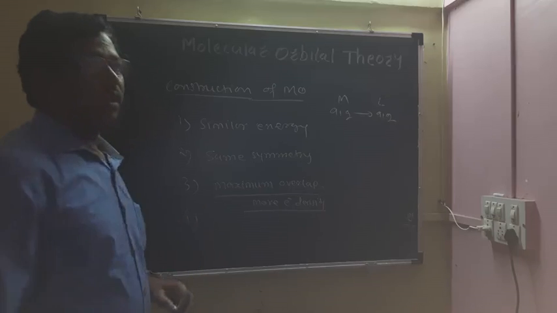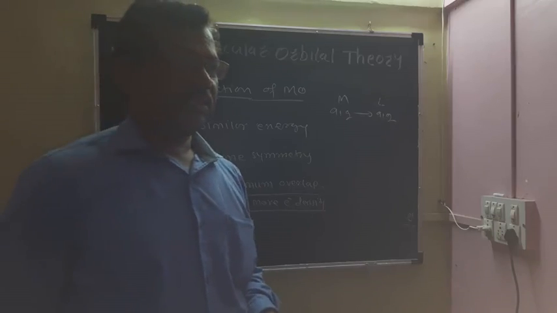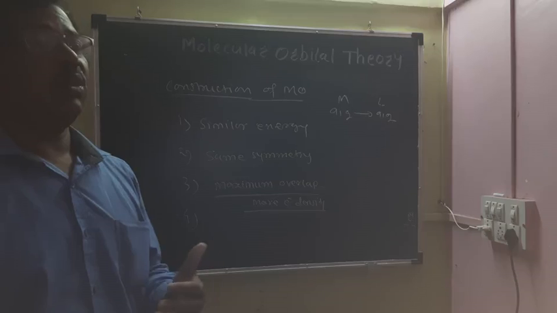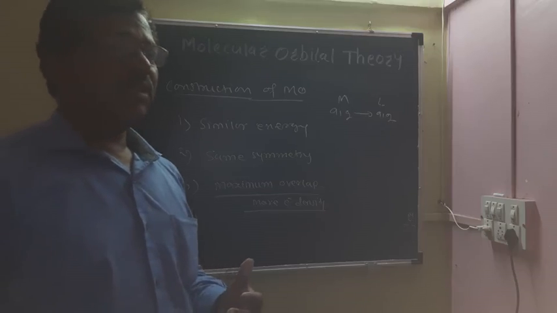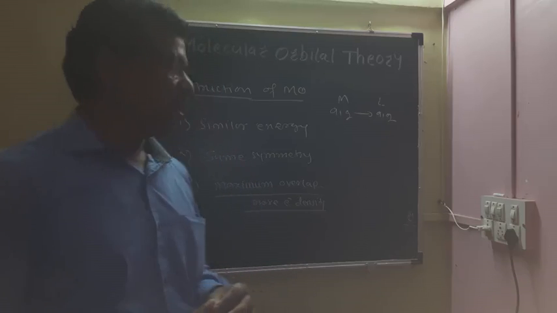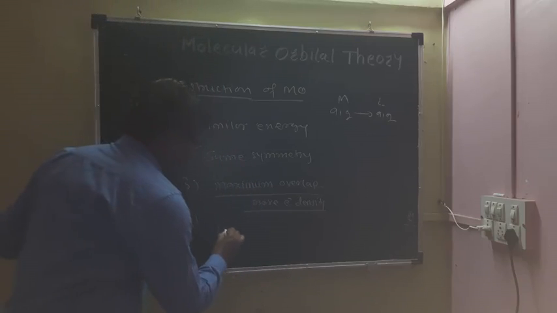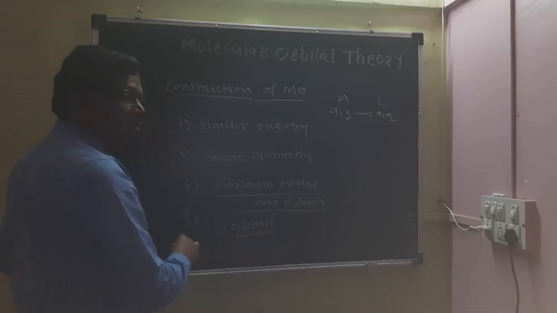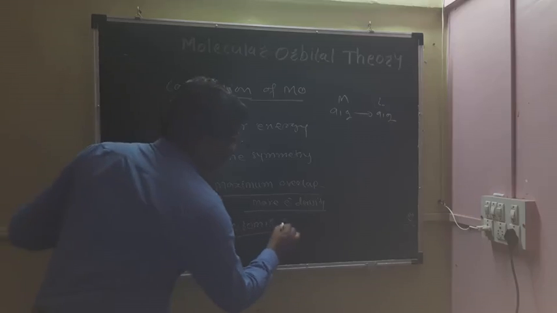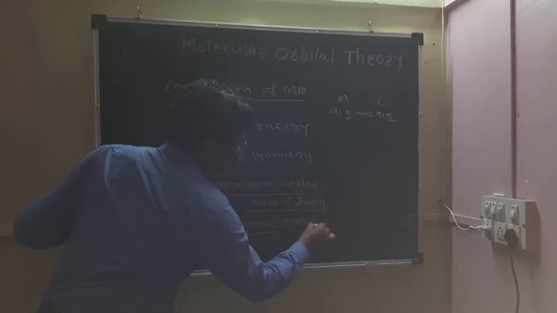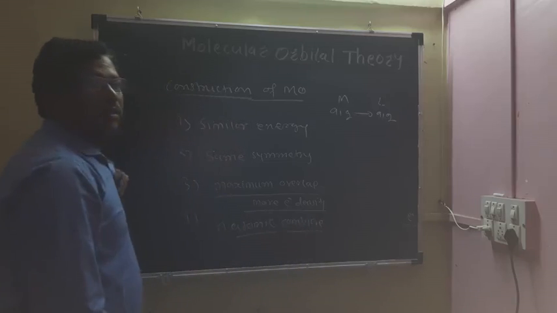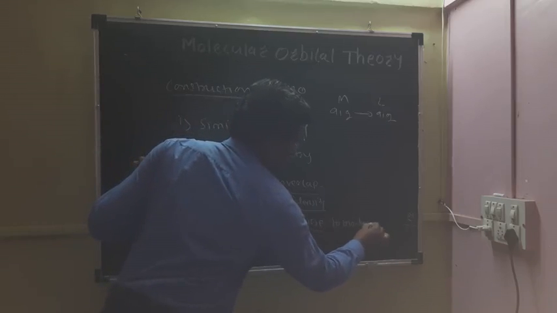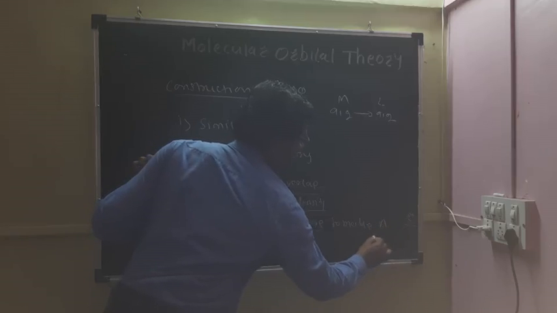And the fourth is that n atomic orbitals combine to make n molecular orbitals. N means the number of atomic orbitals that combine to form n MOs.